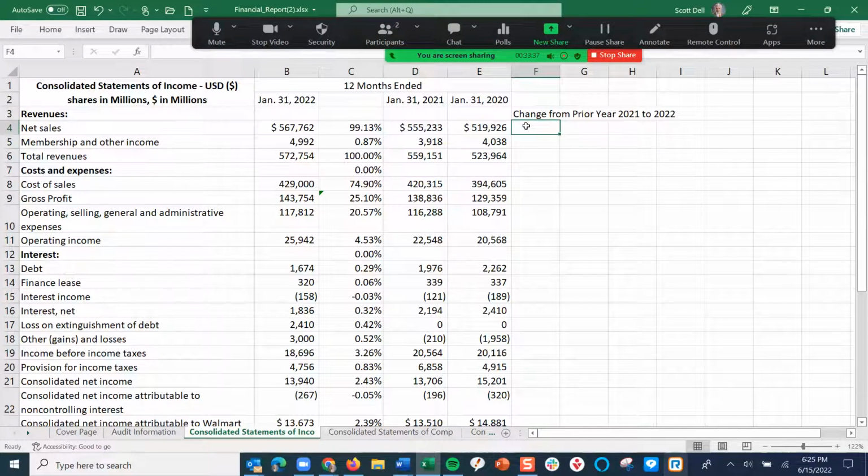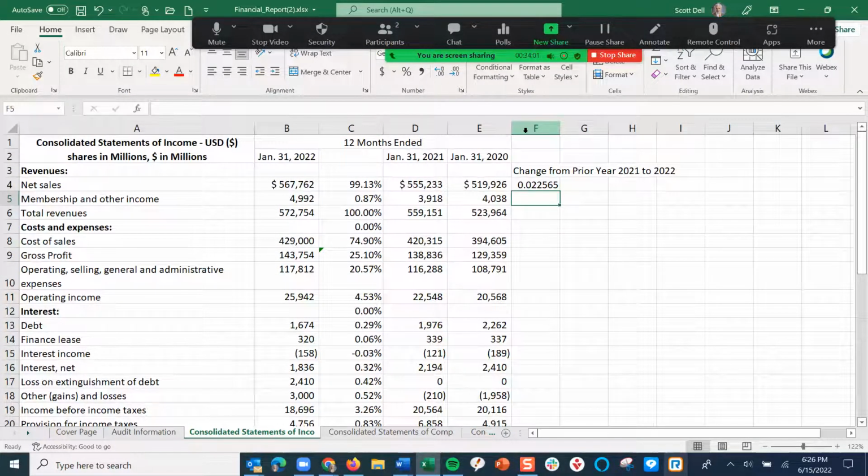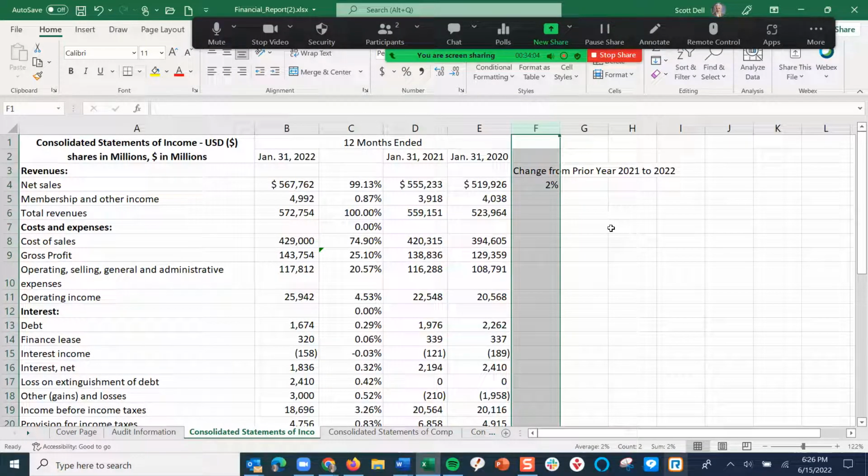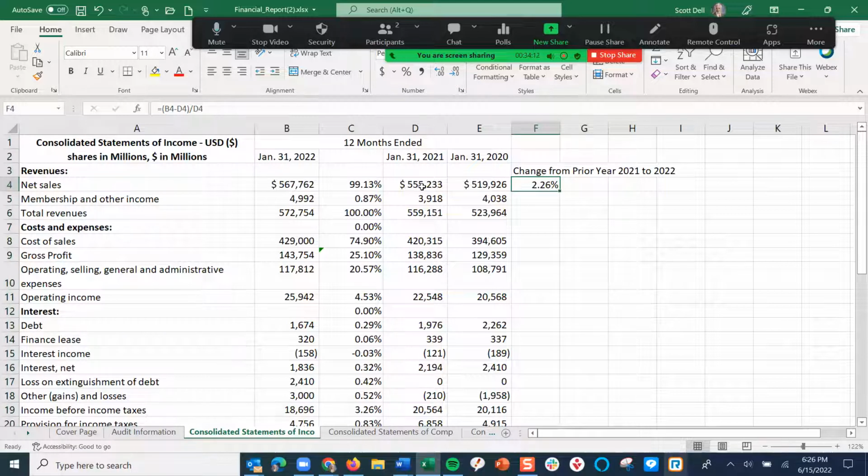I'm going to take equals my current year minus prior year, close parentheses, and divide by the prior year. I'm going to convert this to a percentage as well, again with 2 decimal places. So we're going from 555 to 567, a 2.26% increase. Now I'm going to copy that formula all the way down.